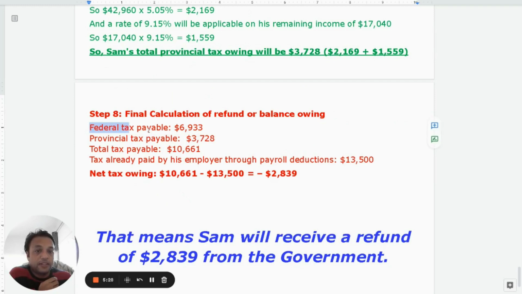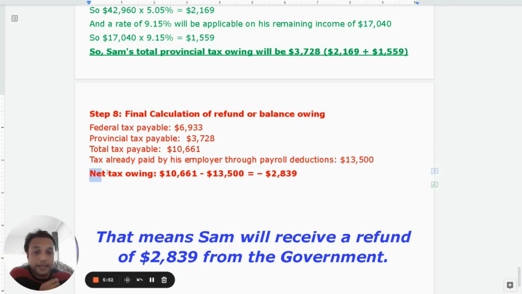Now, the final step, step number 8, is the calculation of refund or balance owing. We know that federal tax payable was $6,933. Provincial tax payable was $3,728. So the total tax payable is $10,661. But the tax already paid by his employer through payroll deductions was $13,500.